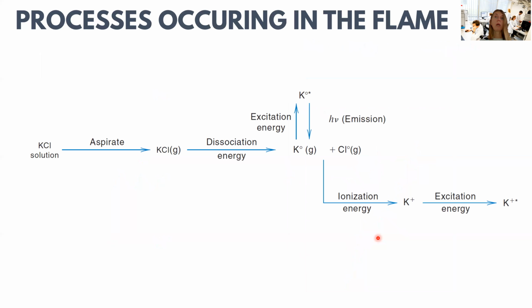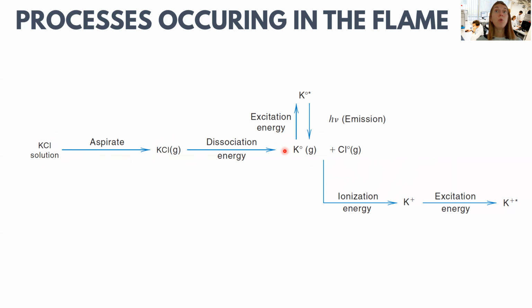So how does this occur in a real flame, for example, that can be used to produce atomic emission spectra? Let's view this again on the example of potassium chloride. First it starts with the aspiration of the solution and producing the gas phase entities, so essentially particle-like species. And these are then dissociated to form the atoms.